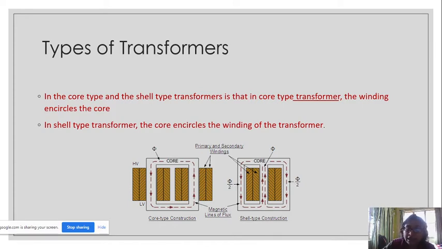In a transformer, if you provide a voltage in a limb, it will give you the induced voltage on the other side. So the transformer is basically electrically isolated but magnetically coupled.